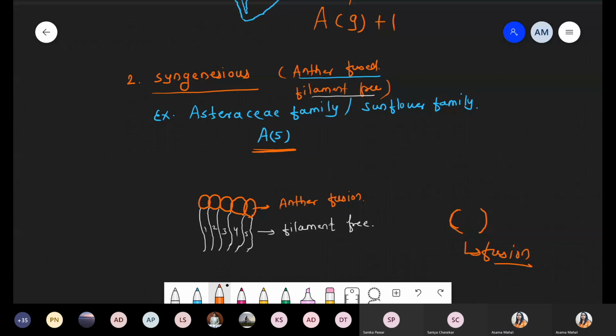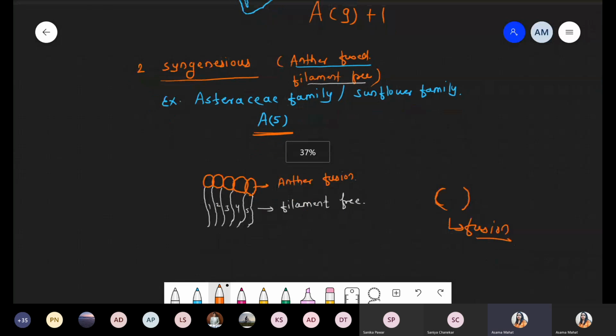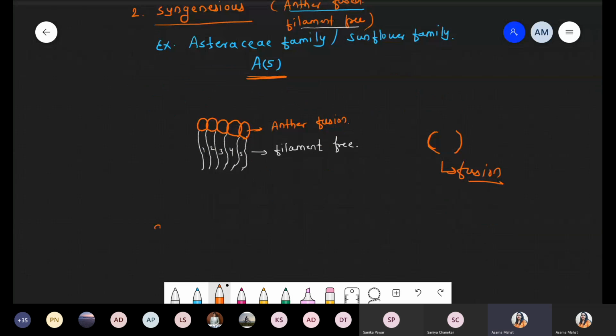Got it. Okay. So next point, we are talking about the third part, and we are simply taking only the example, that is synandrous. It means both parts show fusion, complete fusion.